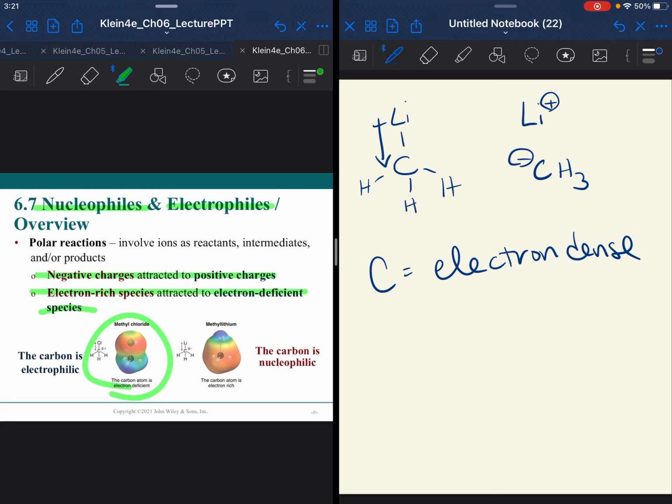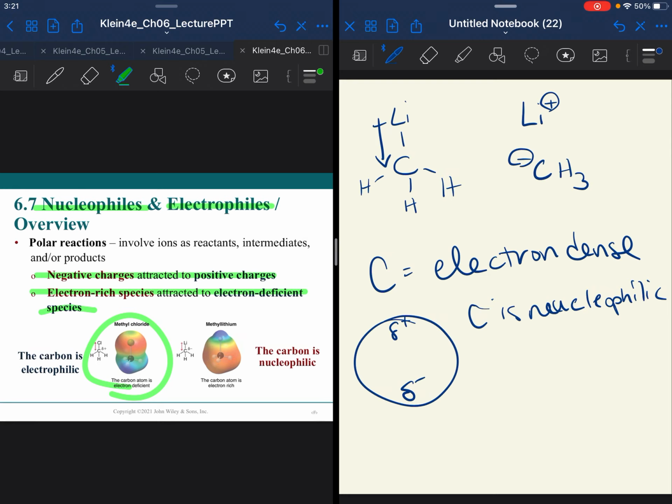The carbon is taking that electron density. If we think about it in terms of that covalent compound, now the carbon side has the partial negative, and the lithium has the partial positive. This is showing us that this carbon is nucleophilic. So let's think about that word now. We know electrophilic means electron loving.